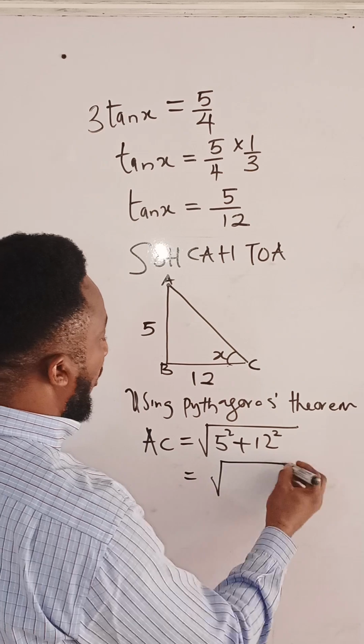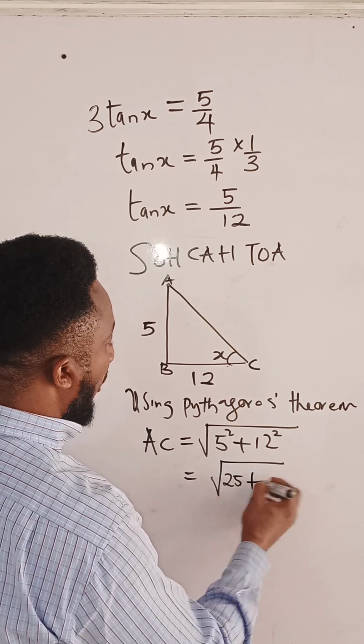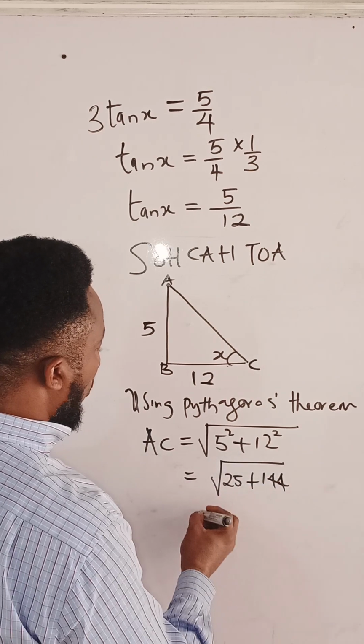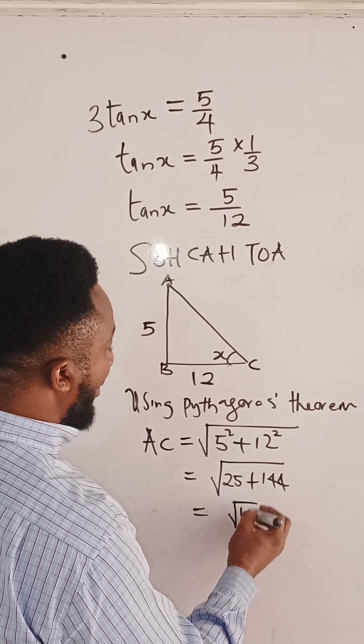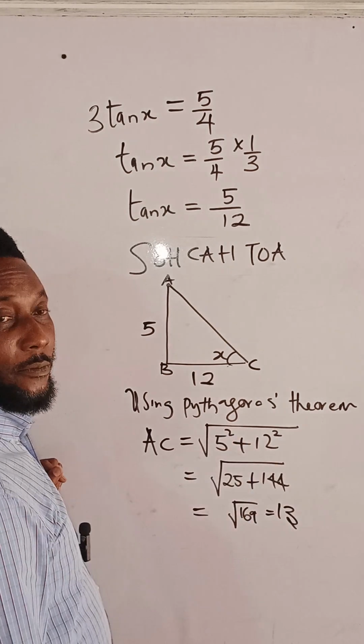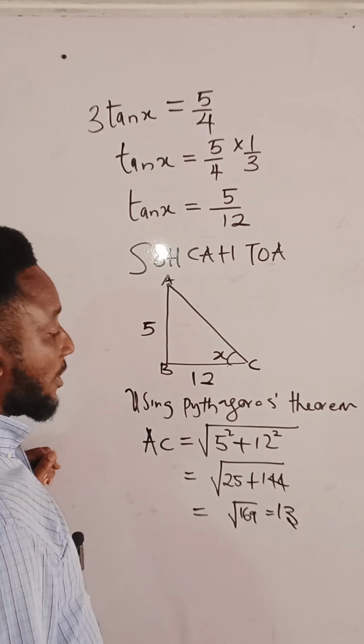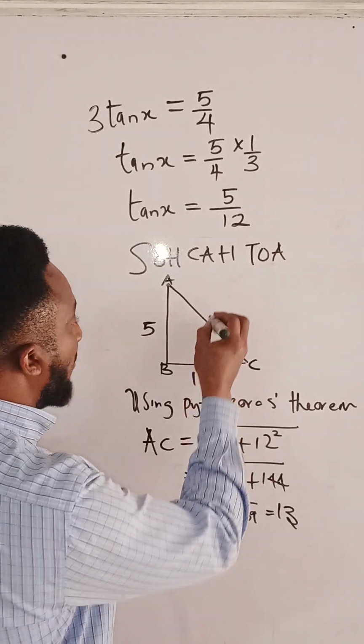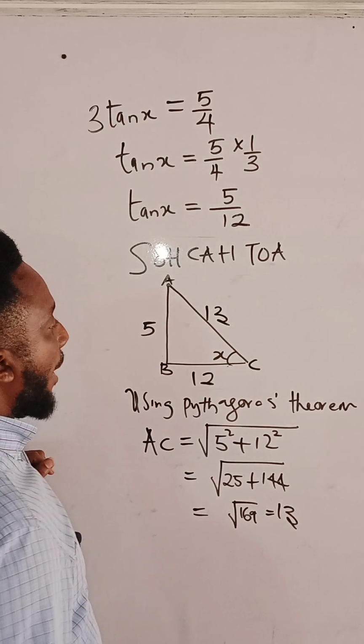That will be the square root of 25 plus 144, which is the square root of 169, and that should give us 13. Very interesting question indeed. So I write 13 here.